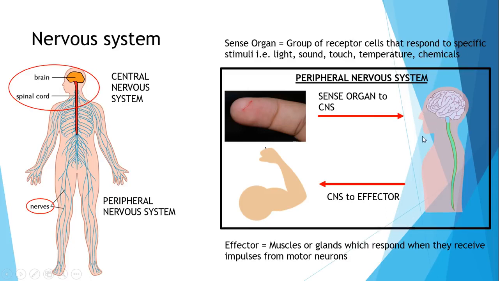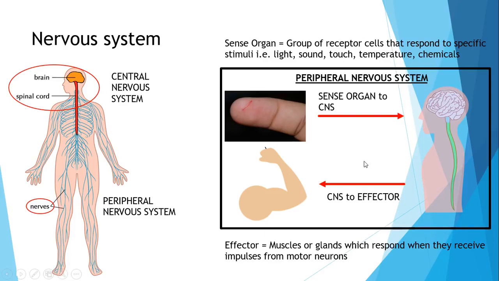And from the central nervous system, there's also a different set of neurons that send impulses from the CNS, basically from the brain this time, all the way to what we call an effector. An effector is basically a set of muscles or glands which respond when they receive impulses from motor neurons. We'll talk more about that in a second, but in this scenario, your brain tells your arm or finger muscles to scrunch up the paper and throw it into the bin.